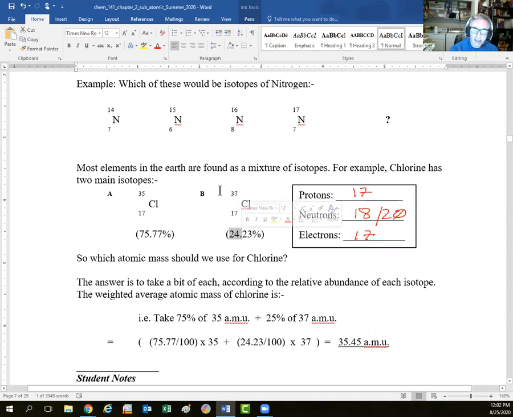You always see consistent composition amongst the isotopes that make up that element. So we'll take just over 75% of the 35 mass, just under 25% of the 37 mass, and we come up with that abundance average of 35.45. The average is weighted towards the most commonly seen isotope.